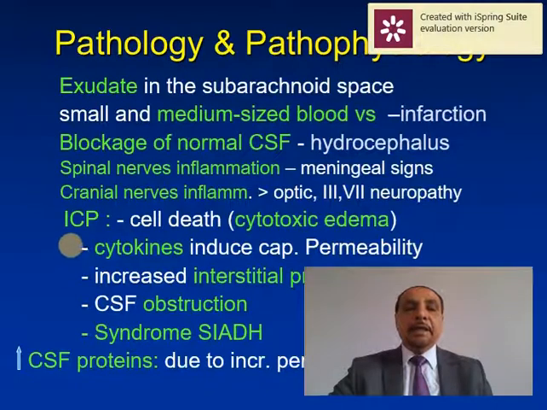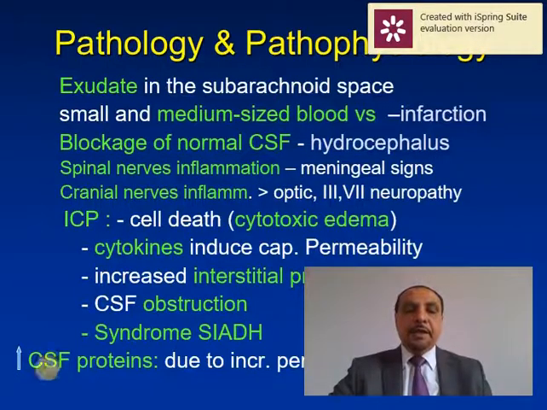And there is an increase in the intracranial pressure due to cell death and cytotoxic edema, due to cytokines which induce capillary permeability, through increased interstitial pressure, CSF obstruction, and SIADH, the syndrome of inappropriate antidiuretic hormone secretion.